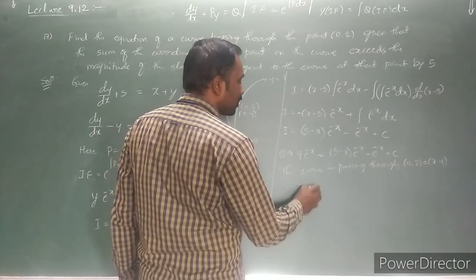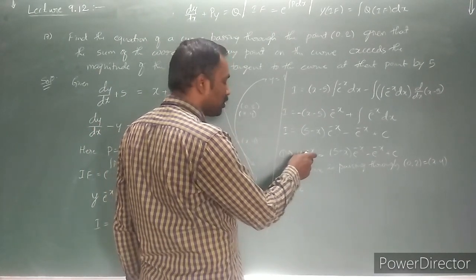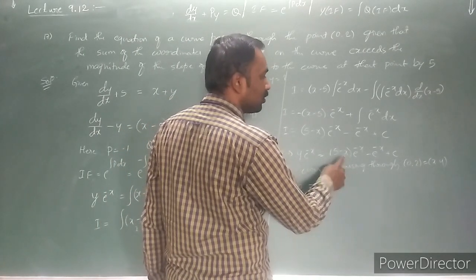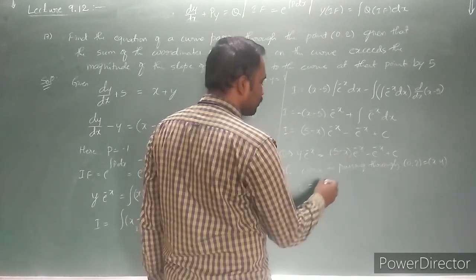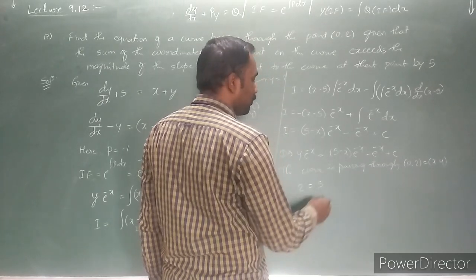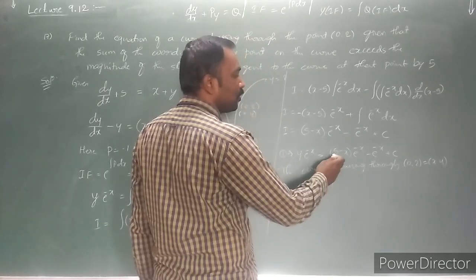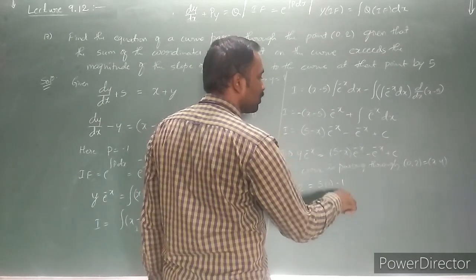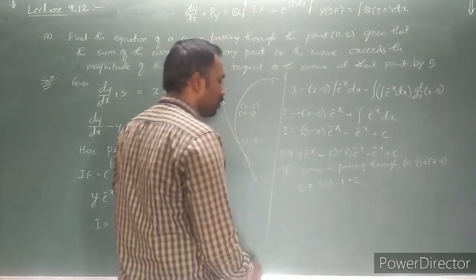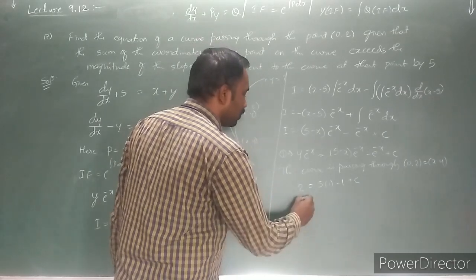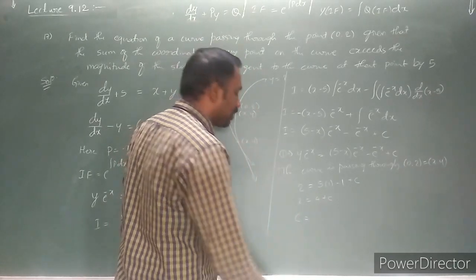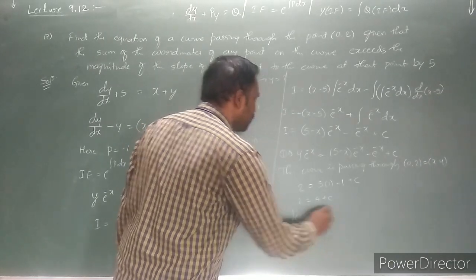y value is 2, x value is 0, e power 0 is 1, so 2 into 1. On the right, x value is 0, so 5 minus 0 into 1, minus e power 0 which is 1, plus c. 5 minus 1 is 4, so 2 is equal to 4 plus c, c is equal to 2 minus 4, that is minus 2.